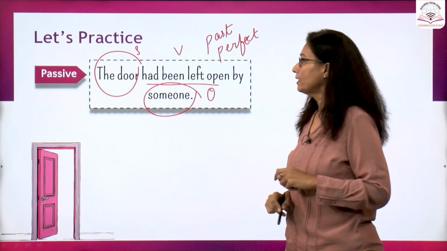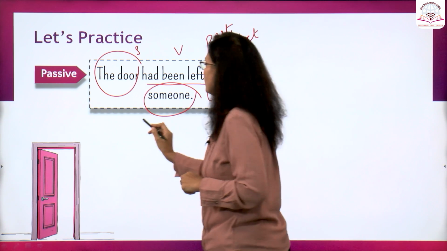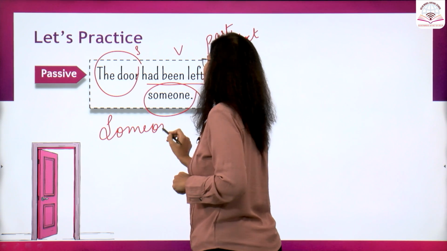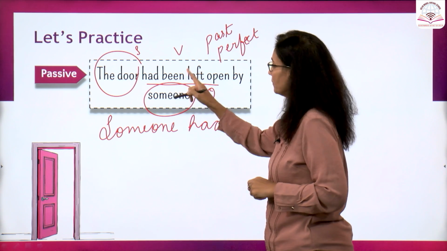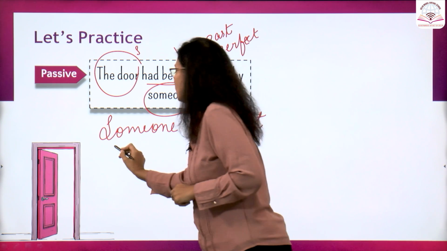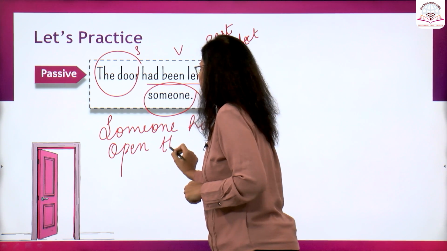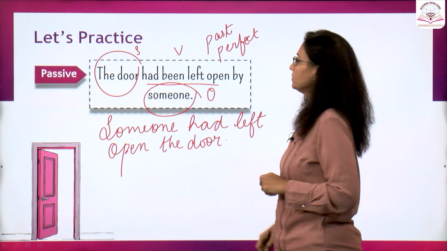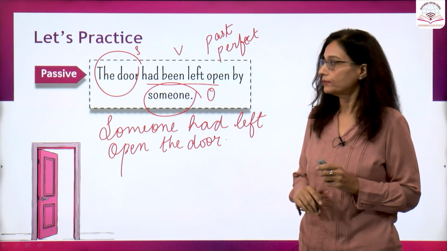So the active voice will be someone had, been will be removed, left open the door. So this is our answer. Someone had left open the door.